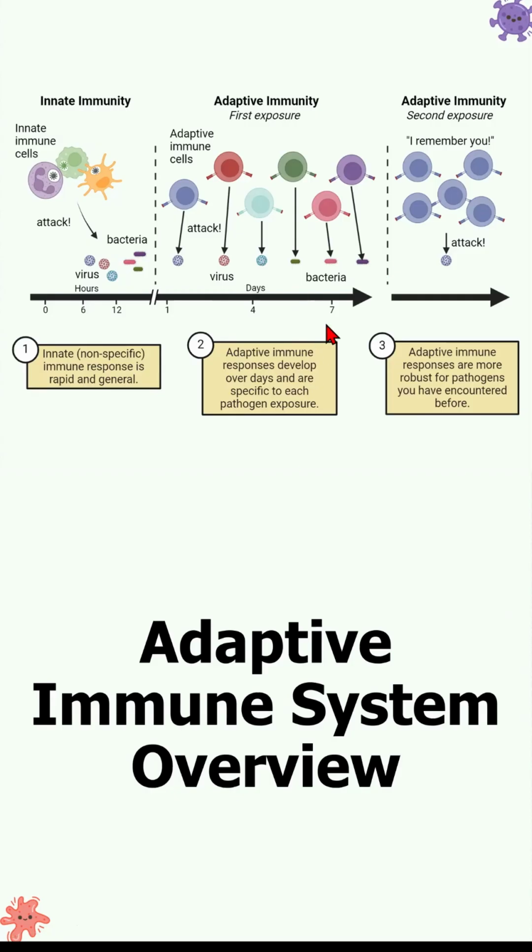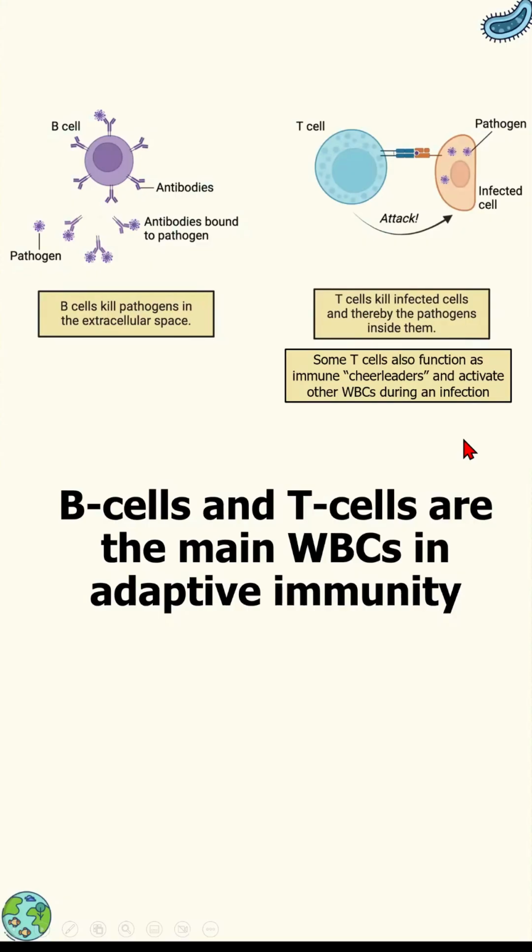And what's nice about the adaptive immune system is that when you get exposed another time, later, to that same bacteria or virus, your immune system has what we call immune memory, and your body basically remembers, hey, I remember being sick with this virus a couple weeks ago, or maybe a couple years ago, and your body is already equipped to attack that same virus. And so the adaptive immune system is a really powerful part of your immune system.